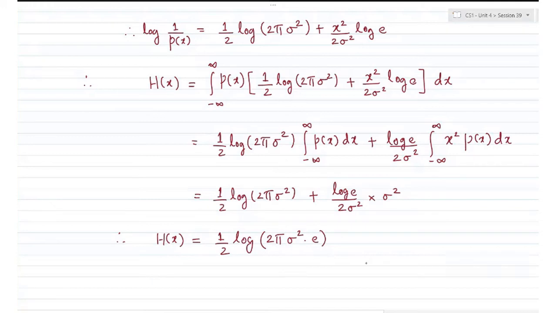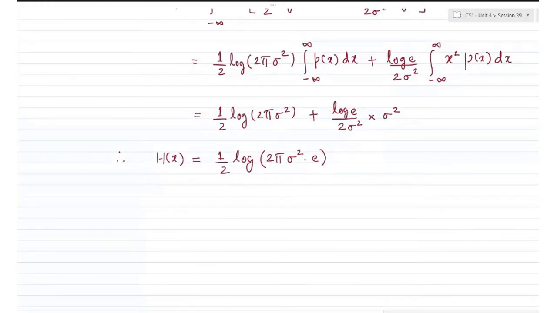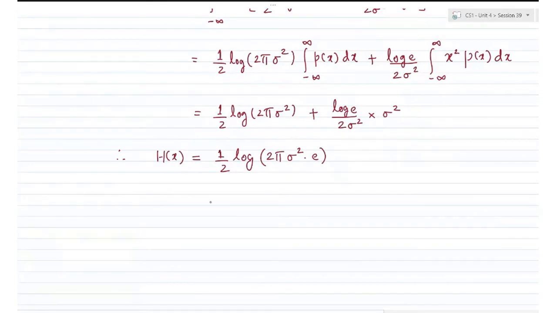Log a plus log b is log ab, right? So with that I can find the value of 2 pi times e, where e is the Napier value, so that h of x can be written succinctly as half log of around 17.1 sigma square. So this is the maximum entropy for a Gaussian distribution for a given mean square value.